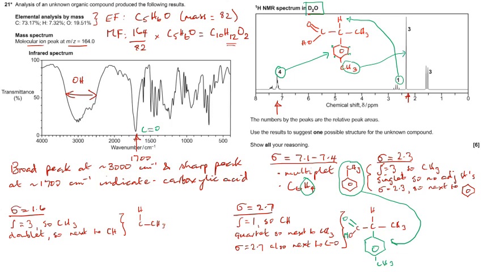And these 3 hydrogens that have just one adjacent hydrogen, that's these 3 hydrogens here. So that's nearly everything accounted for except for our acidic proton, which doesn't appear because we're doing it in heavy water. So it makes sense. And there you have it, that's worth your 6 marks.